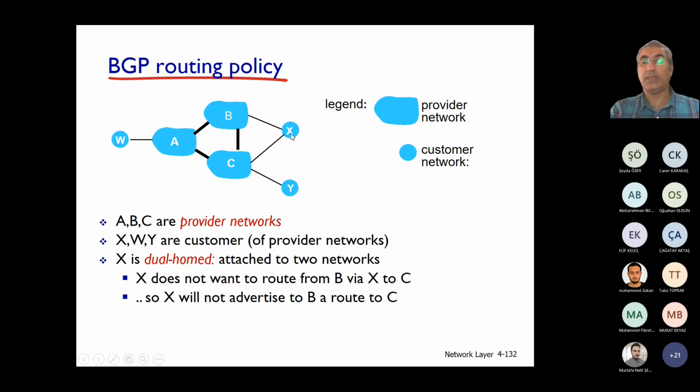That means it gets service from both B and C providers. So that's why X doesn't want to route from B via X to C. So X will not advertise to B a route to C because it's dual-homed.